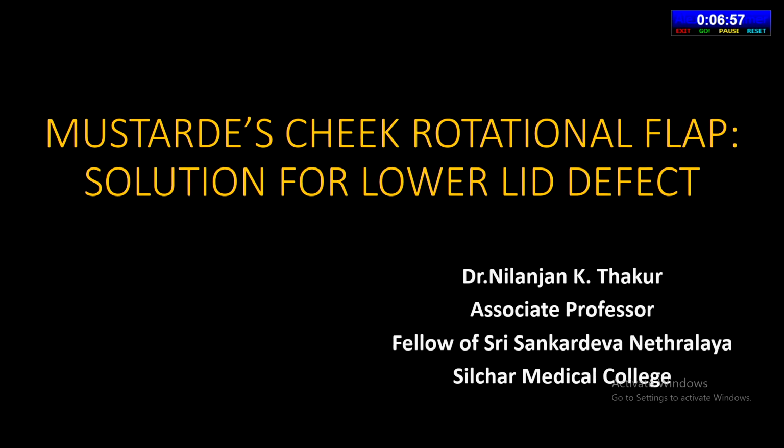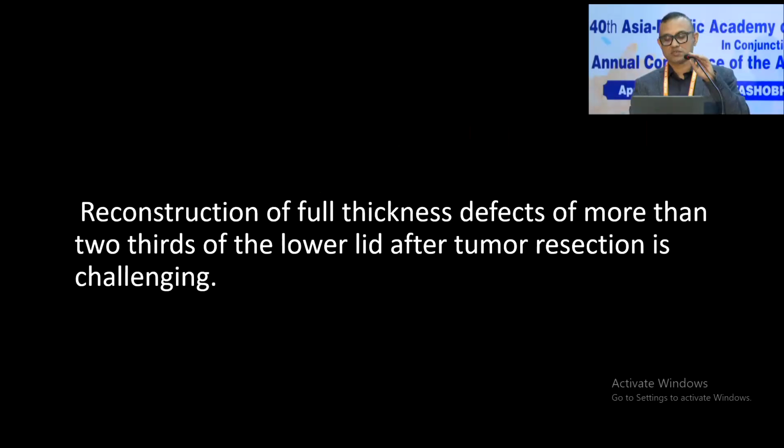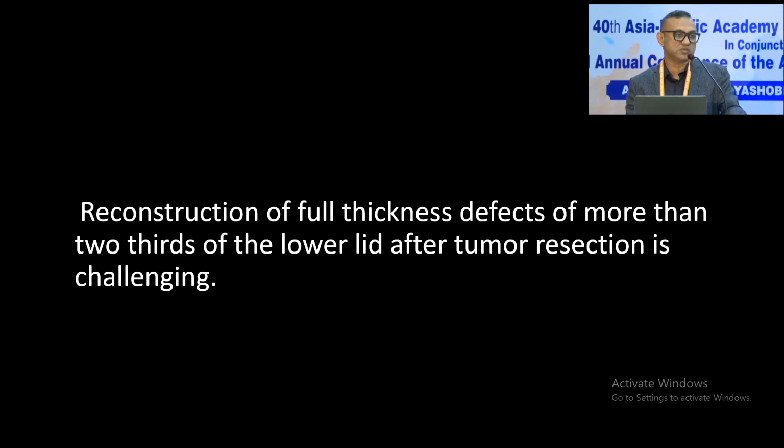So good afternoon, everyone. My topic is the Mustardé cheek rotational flap, a solution for lower lid defect. Reconstruction of full thickness defects of more than 2/3 of the lower eyelid after tumor resection is really very challenging.